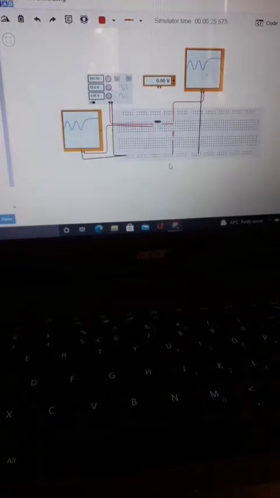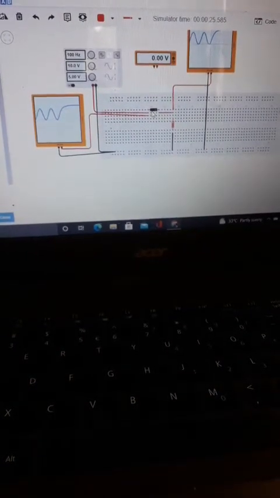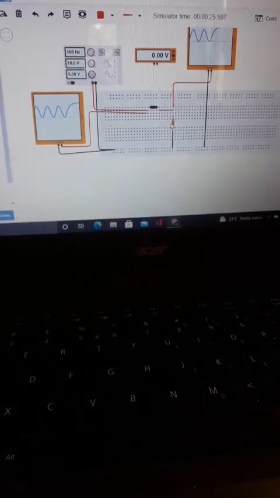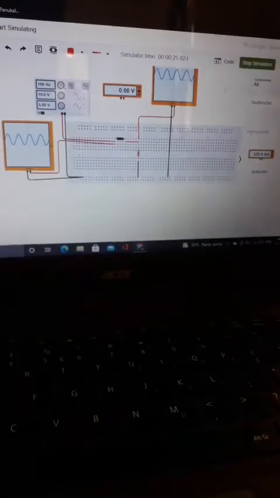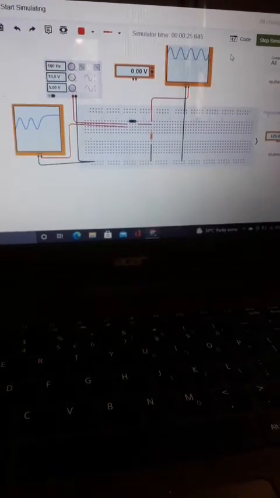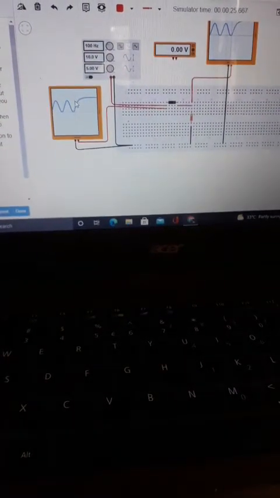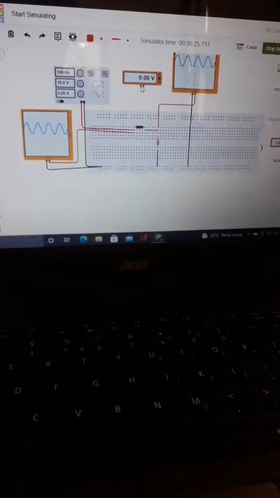Here is our breadboard, our diode, our resistor. As you can see, it's simulating only 25 seconds because my laptop is very slow, and it's working. So first thing we're going to do is use our BOM right here and measure.